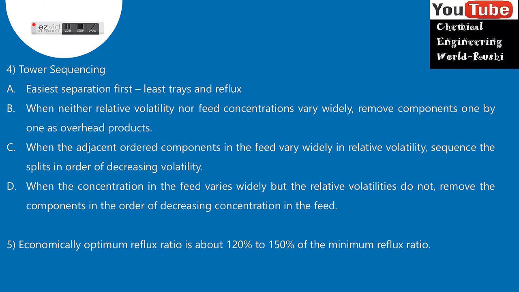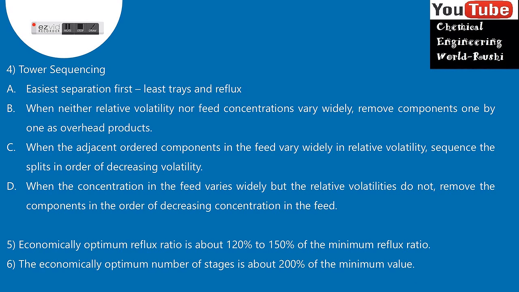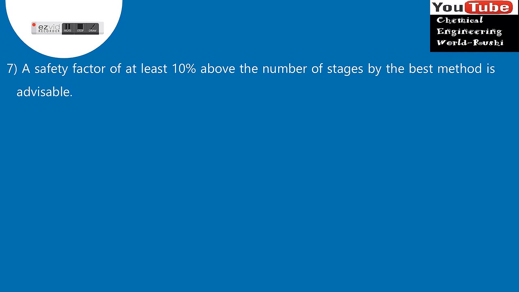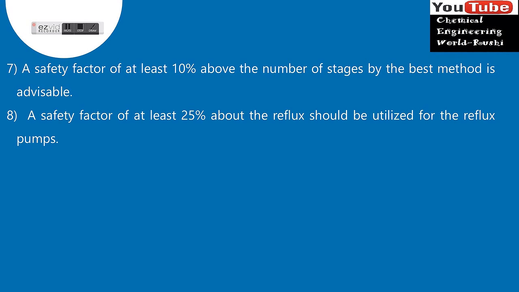5. Economically optimum reflux ratio is about 120% to 150% of the minimum reflux ratio. 6. The economically optimum number of stages is about 200% of the minimum value. 7. A safety factor of at least 10% above the number of stages by the best method is advisable. 8.